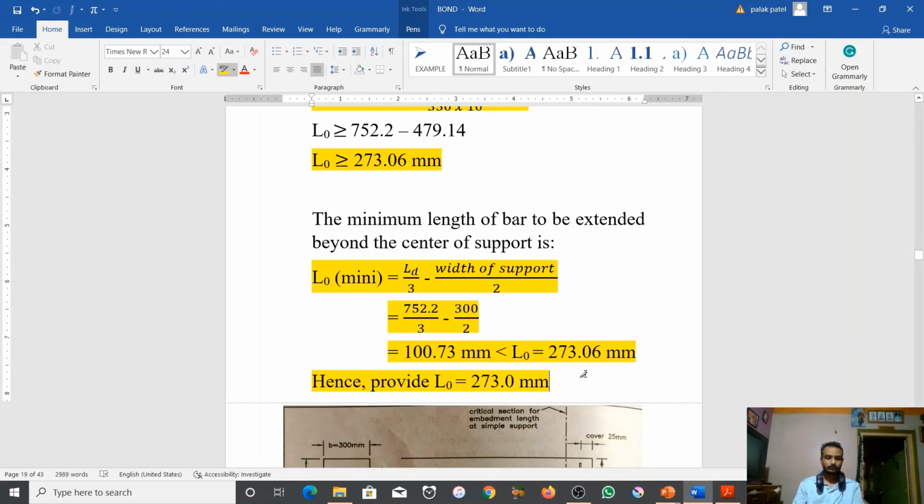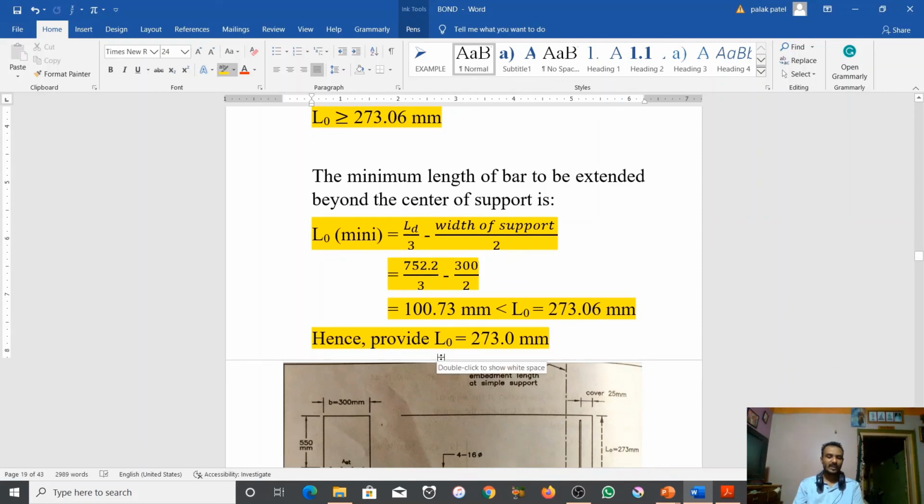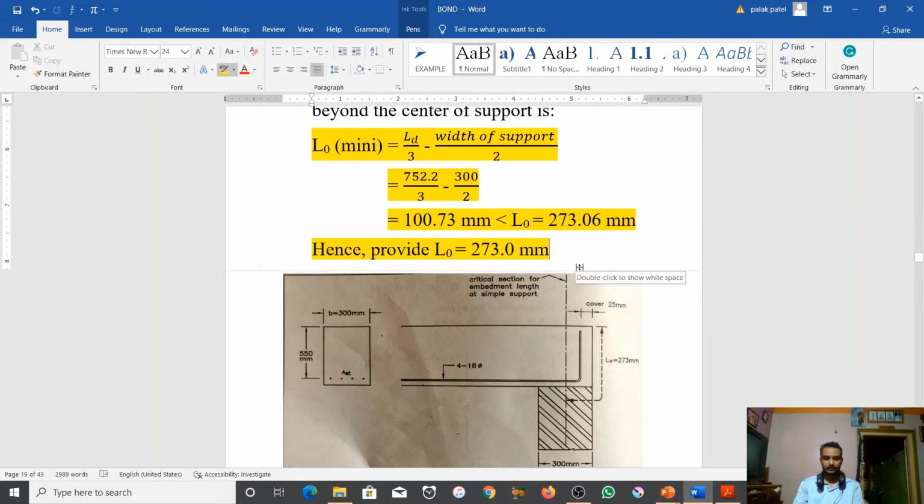This is the minimum anchorage length, but we provide 273.0 mm. Look at the figure here. You can see the bar, the anchorage length L0 of 273 mm, and cover 25 mm.